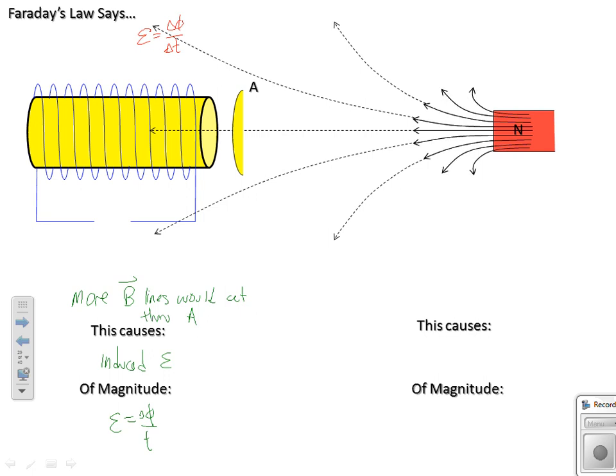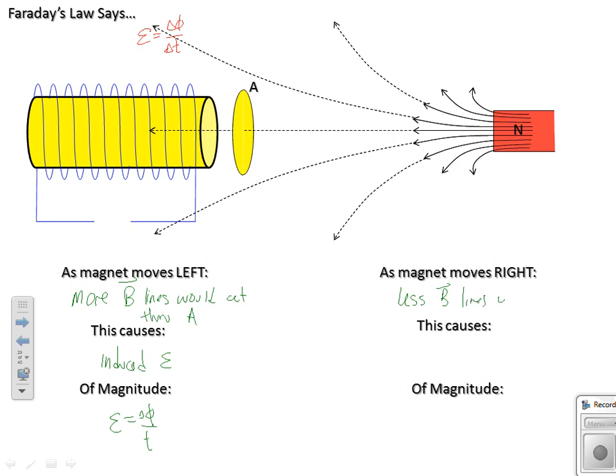Right? If we bring the coil to the right, the same thing happens, except the only difference would be fewer magnetic field lines would cut through A. I'm putting that A there just to say it's the area enclosed by these loops of wire.